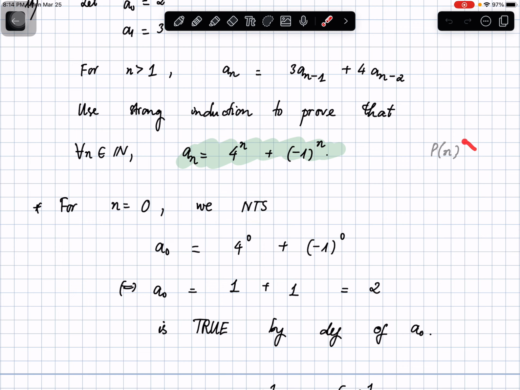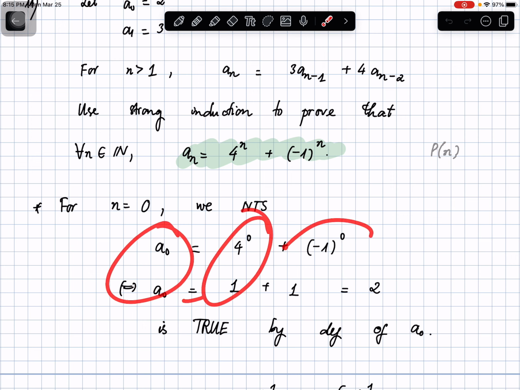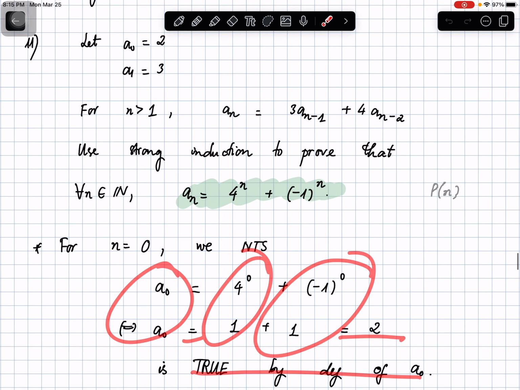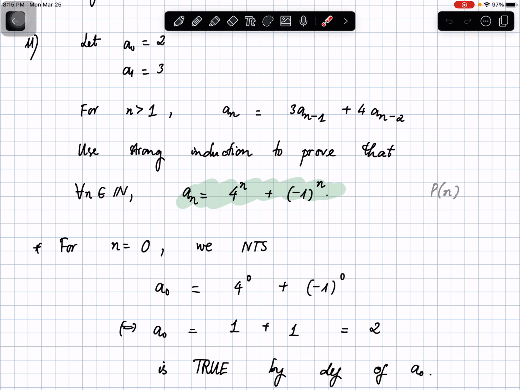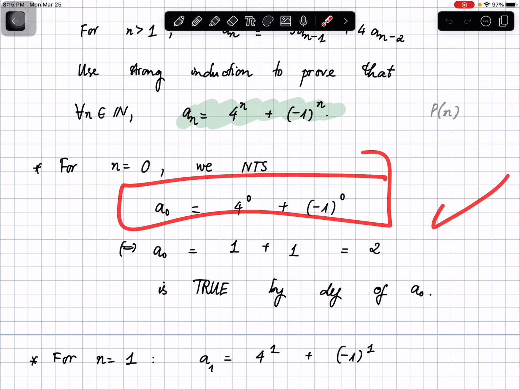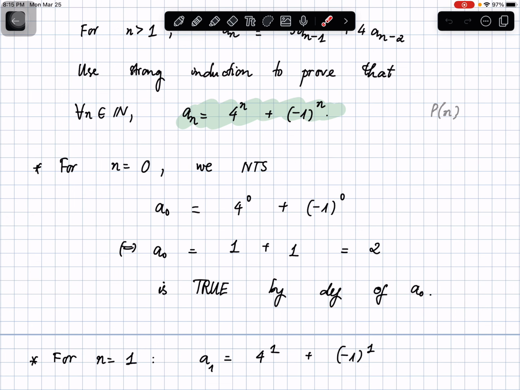P of 0 is a0 equal to 4 to the 0 plus (-1) to the 0. This is equivalent to a0 equal to 1 plus 1, so equal to 2. This is true because of the definition of a0, which is a0 equal to 2. So P of 0 is true by definition of a0.